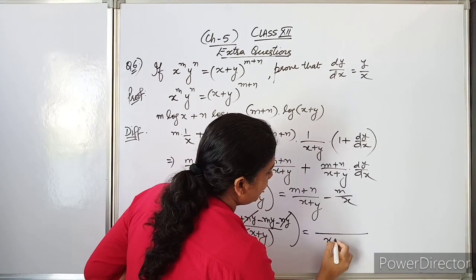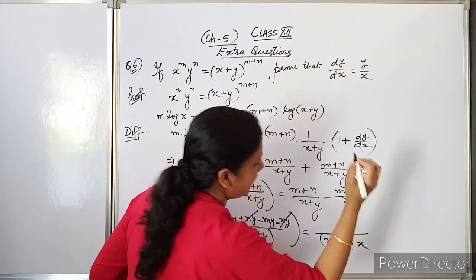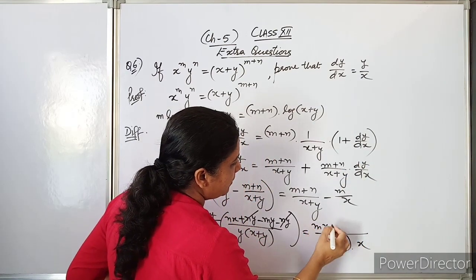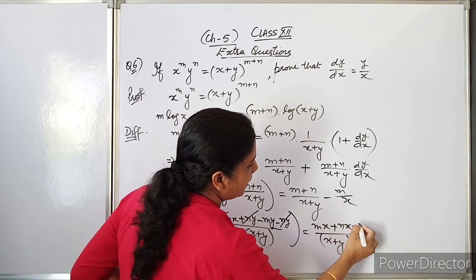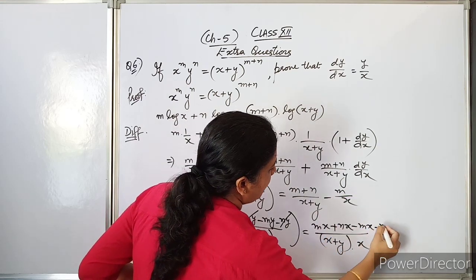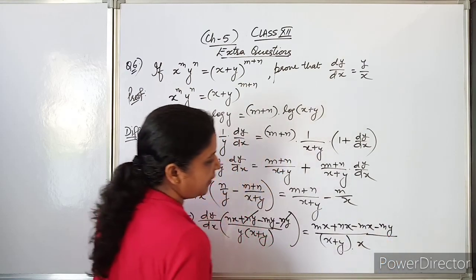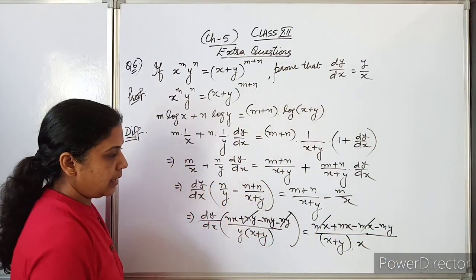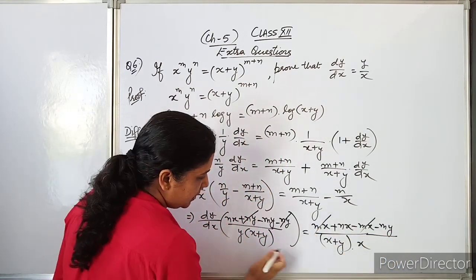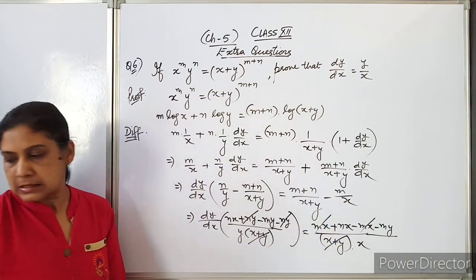On this side also we can take the LCM, x plus y into x. So it becomes mx plus nx minus mx minus my. Mx also cancels down. And if you look carefully, the common denominator x plus y also cancels out.